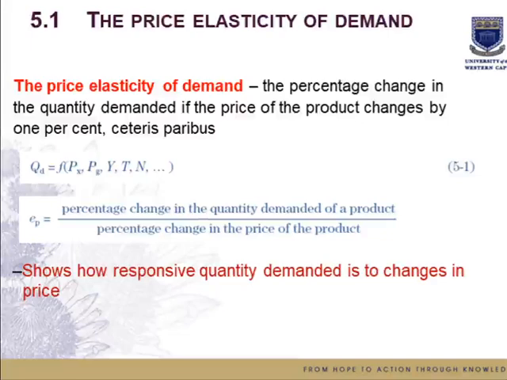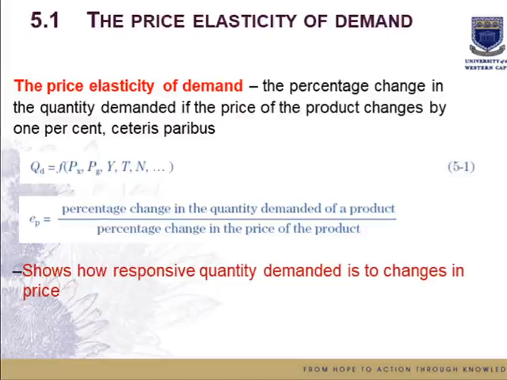The price elasticity of demand measures the sensitivity or responsiveness of quantity demanded if the price of the product changes by 1%, ceteris paribus. That is, the price elasticity of demand is more focused on the relationship between quantity demanded and the price of the product, ceteris paribus.